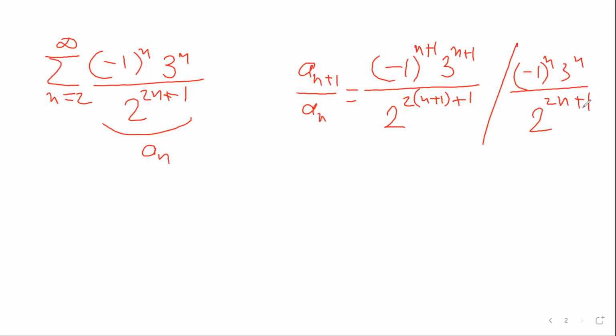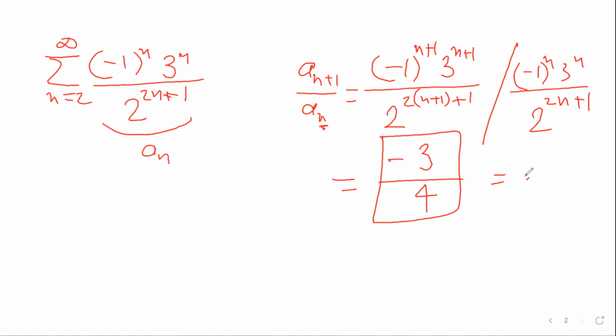And this is quite easy, right? If you divide the numerators, you get minus 3, and then you divide the denominators, you get 4. So this is a number that is independent of n. That shows that your series is a geometric series, and this is your common ratio.